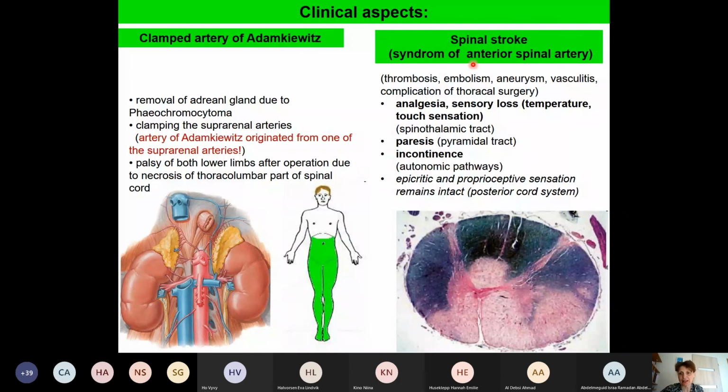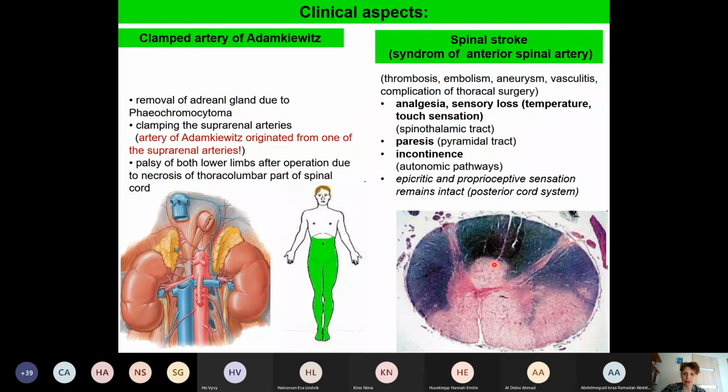And another clinical case: in the case of the spinal cord, we also can have a stroke. The spinal stroke is not as common as the brain strokes. It can have more reasons. And in this case, what you can see in this picture, this is the stroke of the anterior spinal artery, and the corresponding areas are necrotic.